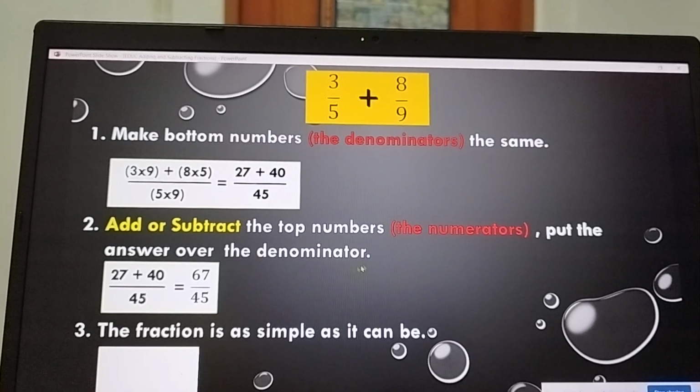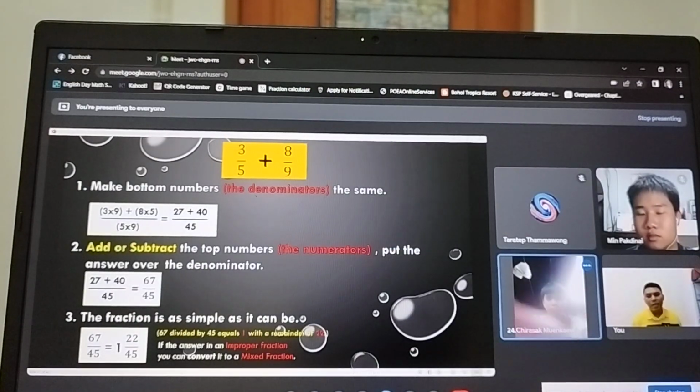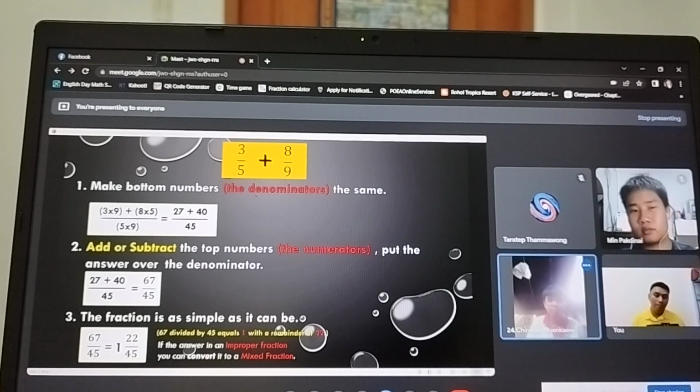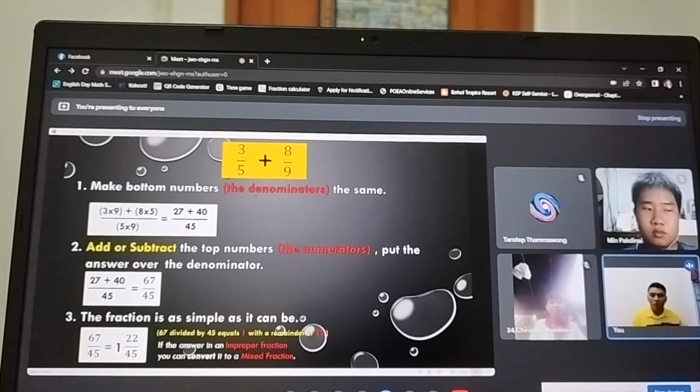What you can do here, you can change this into a mixed fraction. Again, if your answer is an improper fraction, you can change that to a mixed fraction. So that's basically 67 divided by 45 equals 1 with a remainder of 22, right?